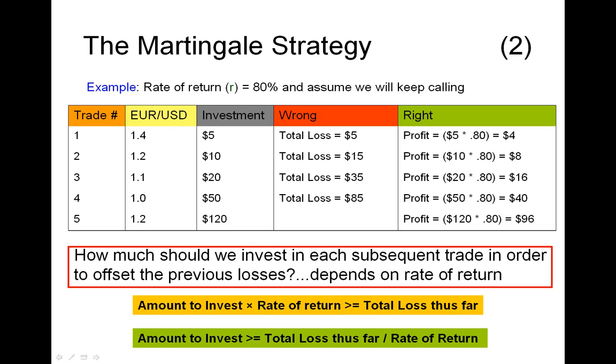Essentially, the amount we need to invest must be greater than or equal to the total loss that we've incurred thus far divided by the rate of return. All I did is take the rate of return on the left side of the equation above and bring it down to the right side of the equation. And that tells us exactly how much we need to invest for any given trade if we're trying to recover a certain cumulative loss.